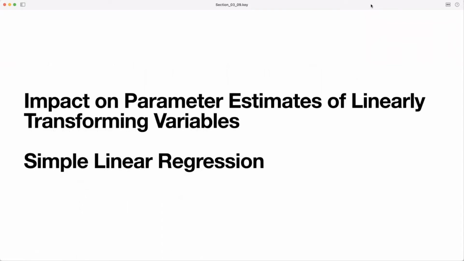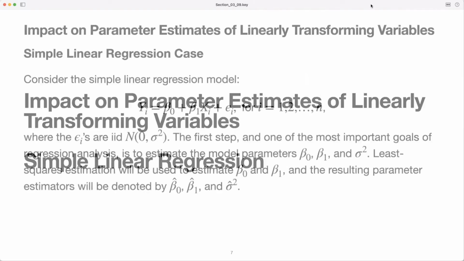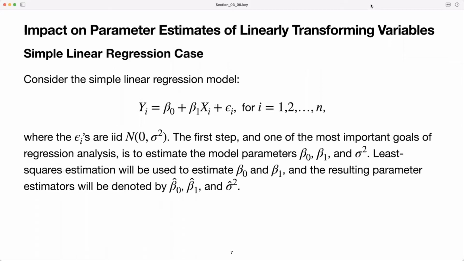So let's look at the impact on parameter estimates of linearly transforming variables in the case of simple linear regression. So consider the simple linear regression model, y_i equal to beta_0 plus beta_1 times x_i plus epsilon_i, i going from 1 to n, where the epsilon_i's are IID, or independent and identically distributed, normal random variates with a mean of 0 and a variance of sigma squared.